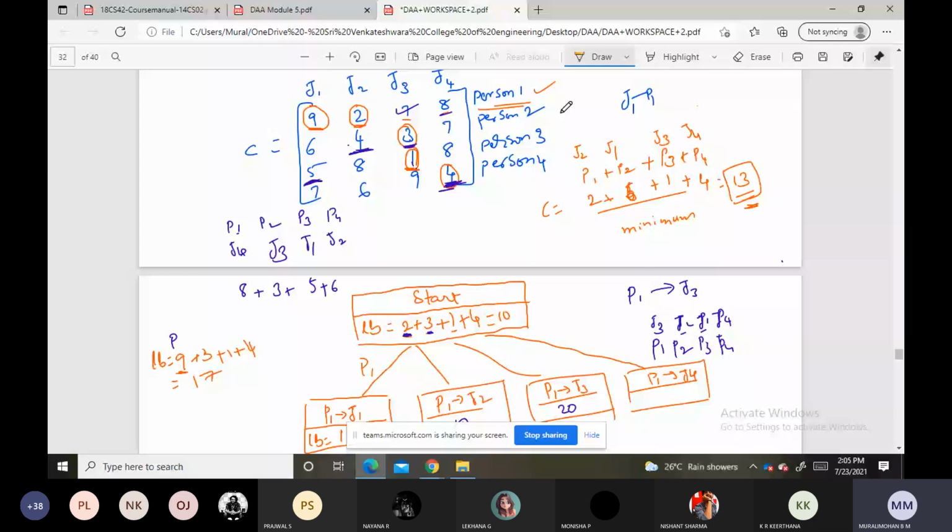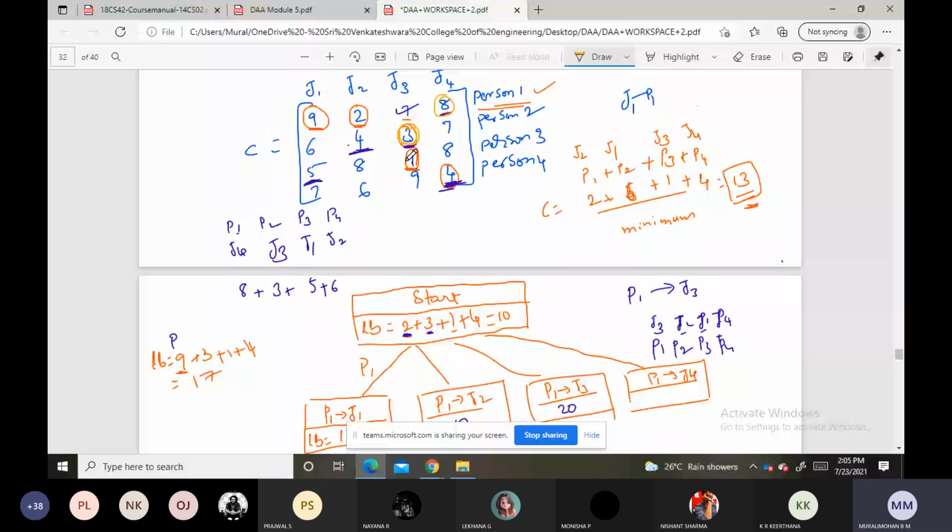Then for person 2, we can allocate job 3, right? Then for person 3, can we allocate 5?